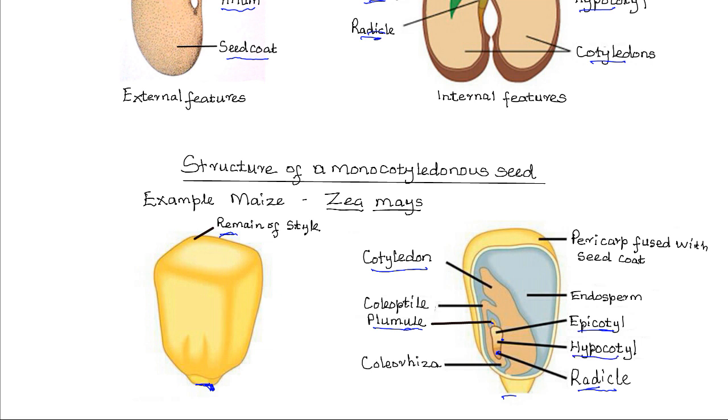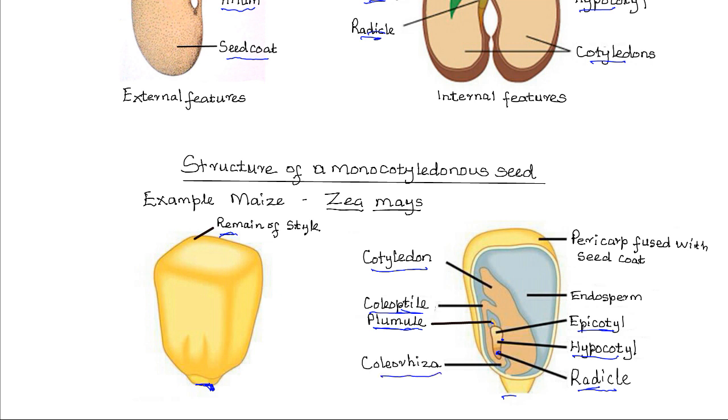Now, in addition to there being just one cotyledon, in monocotyledonous seeds such as that of the maize, the plumule is covered by a protective sheath known as the coleoptile, while the radicle has a protective sheath known as the coleorhiza.